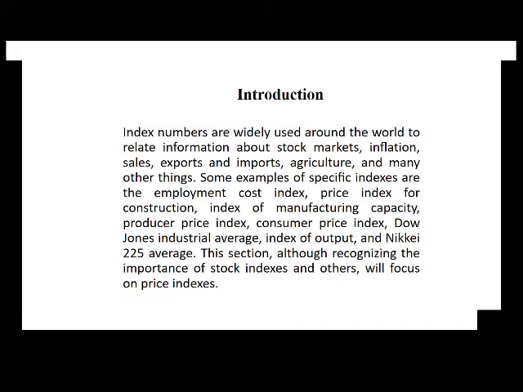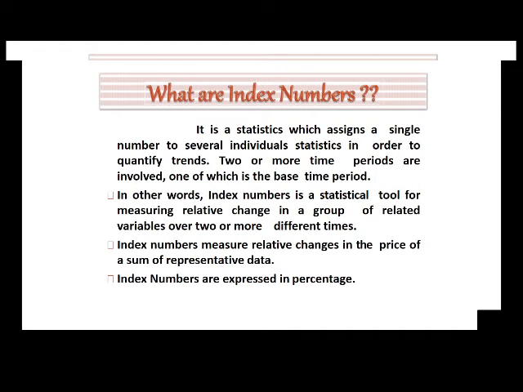Some examples of specific indexes are the employment cost index, price index for construction, index of manufacturing capacity, producer price index, consumer price index, Dow Jones Industrial Average, index of output and Nikkei 225 average. This section, although recognizing the importance of stock indexes and others, will focus on price index.